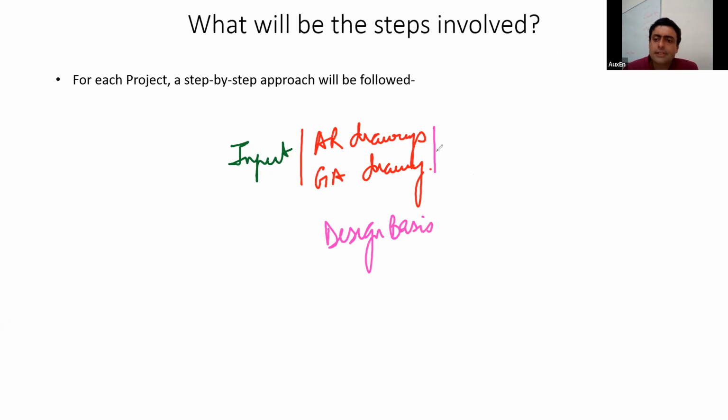Design basis means to finalize the design parameters, to finalize the design standards, to finalize the design methodologies that you're going to use. That may actually come parallelly to what I'm asking right now. So of course design basis is important, but that can come parallelly to what I am asking right now.